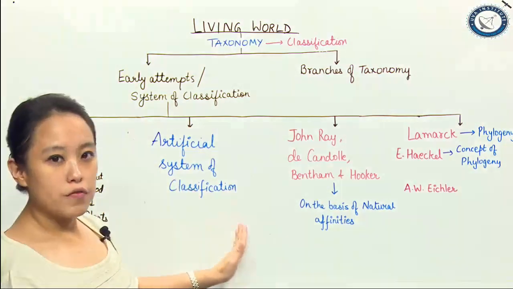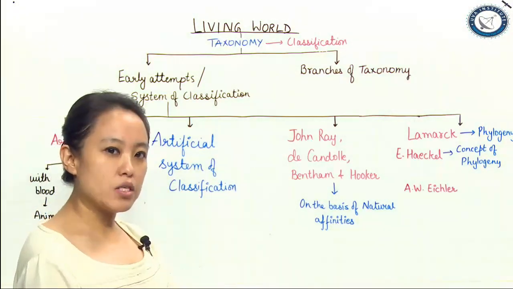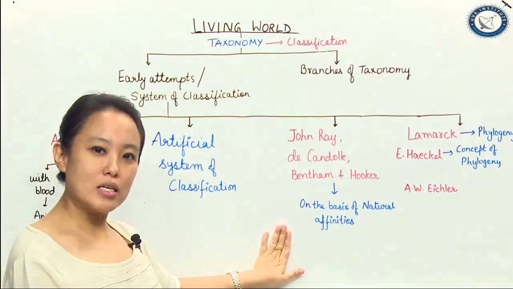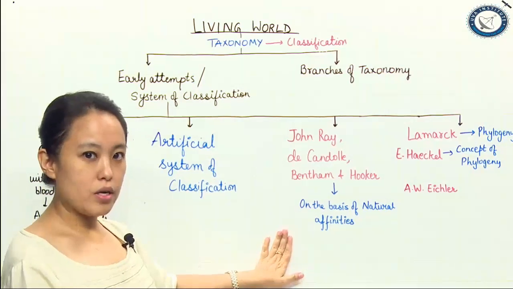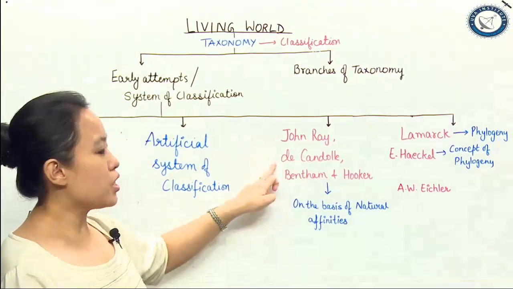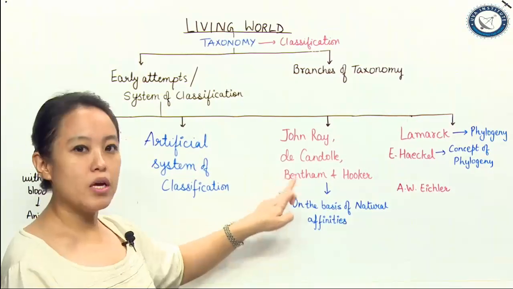Okay, now when these systems of classification were advancing, there were other people also. So now we will be dealing with other scientists. The third one is John Ray, Candolle, Bentham and Hooker.